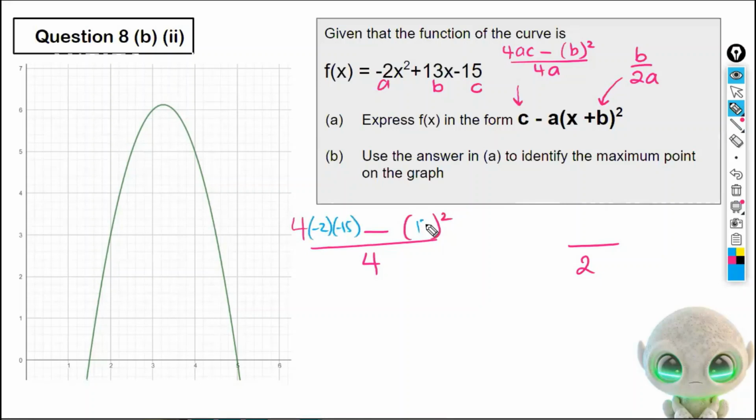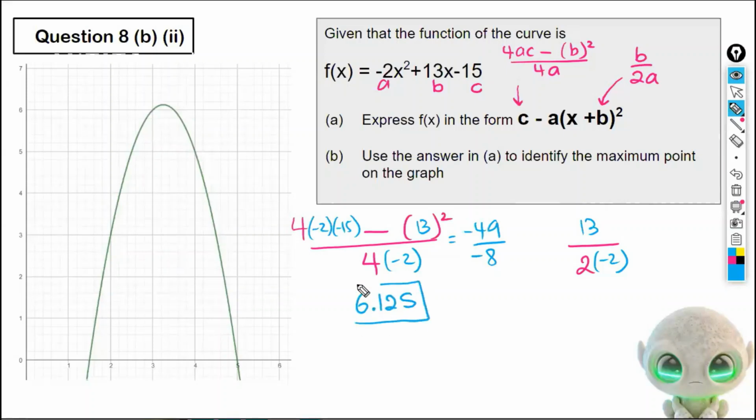B squared, so that's 13, and A is -2. Here was 13 divided by 2A. When we work out this one here, for this one I got -49 divided by -8, and I'm getting positive 6.125.